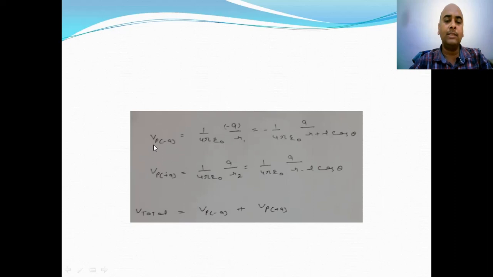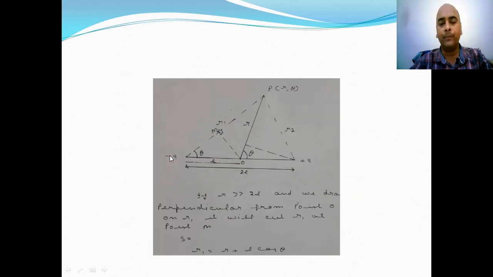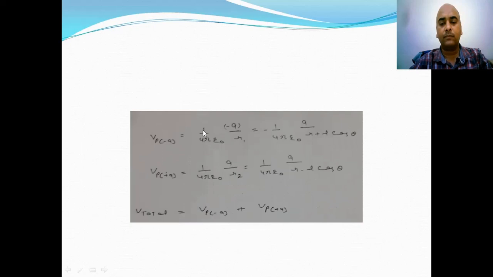So the potential at point P due to minus q charge is 1 upon 4 pi epsilon naught times minus q divided by r1, and r1 is r plus l cos theta.